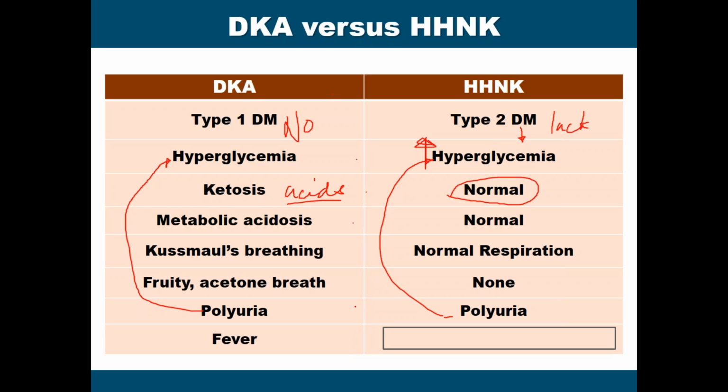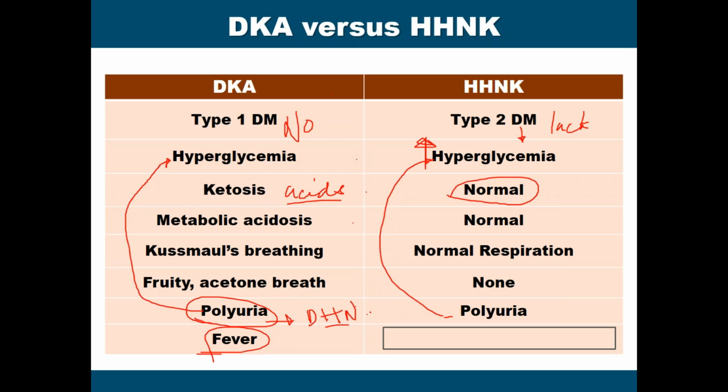And lastly, DKA is characterized by fever. Why does fever develop in patients with DKA? The reason is the presence of dehydration. When the patient has polyuria, that results in increased urination that leads to dehydration. One of the manifestations of dehydration is an increase in body temperature, which is your fever.